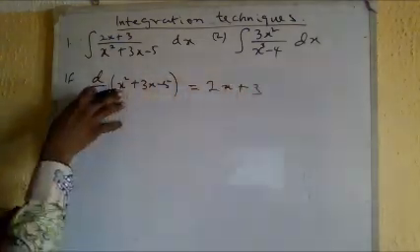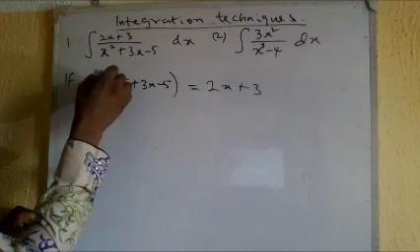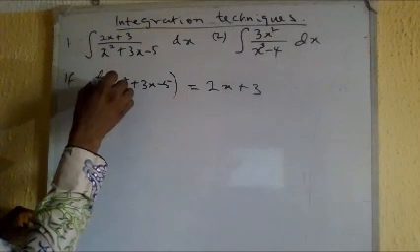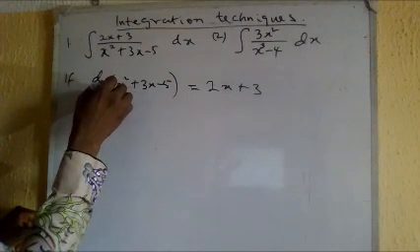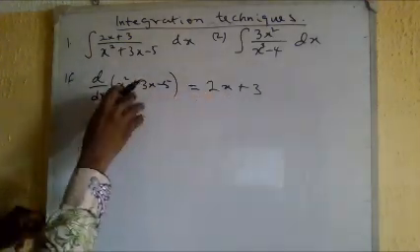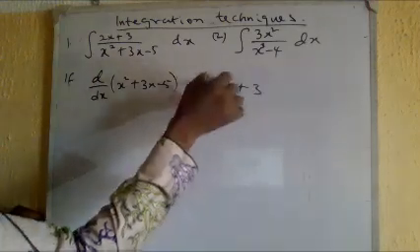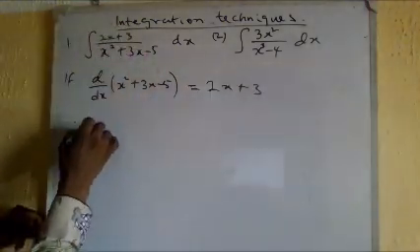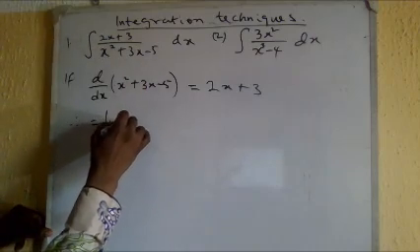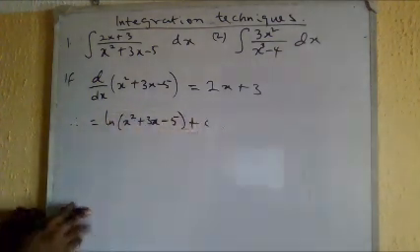Because the differential of this term is the square multiplies the power, the power at the same time reduced by 1. That's why I have 2x here. And then plus 3x. The differential of 3x is 3. So this one actually looks like the numerator. Therefore, we now say that the integral of this is ln, just take the denominator, plus c.